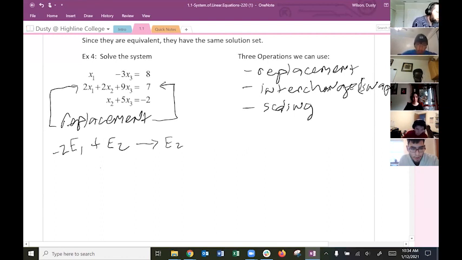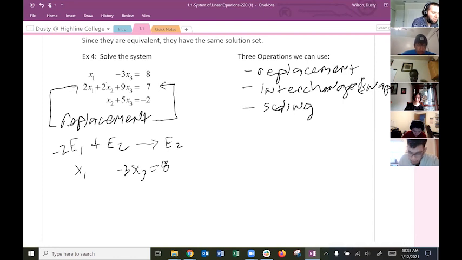So the first equation stays the same. I still have x1 minus 3x3 equals 8. I'm going to have a new equation 2. So how much x1 is there going to be in the second equation?